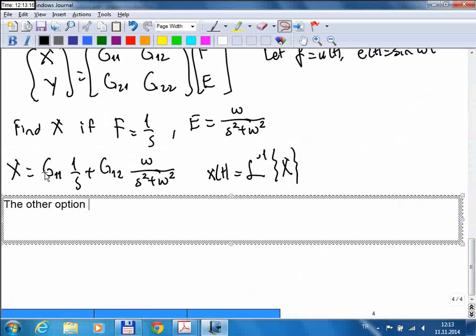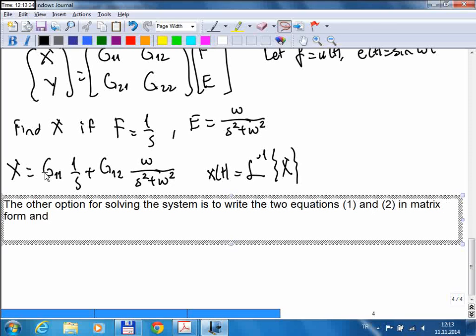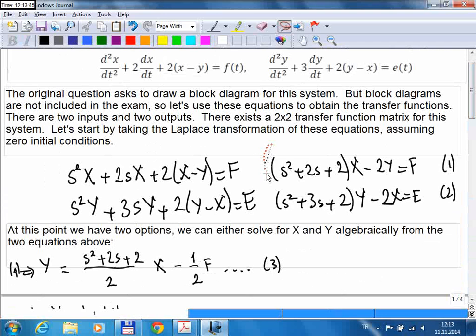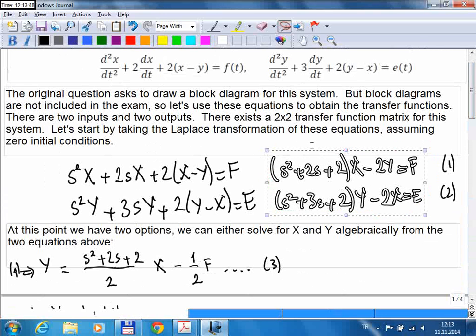The other option for solving the system is to write the two equations, 1 and 2, in matrix form and obtain a matrix solution. So you just get these two equations.